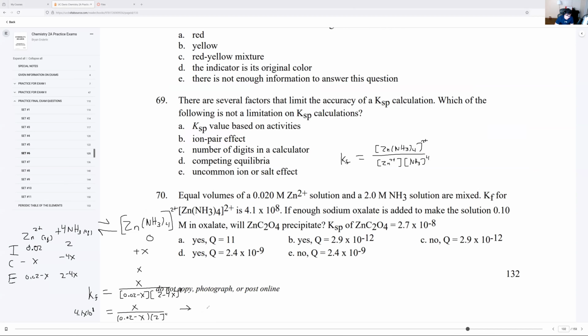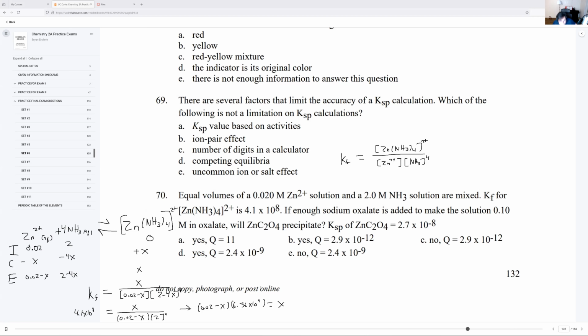So this is quadratic. If we multiply both sides by the bottom here, we get 4.1 e to the eighth times 16. That's 2 to the fourth. So we're left with 0.02 minus x equals 6.56 times 10 to the ninth times x.